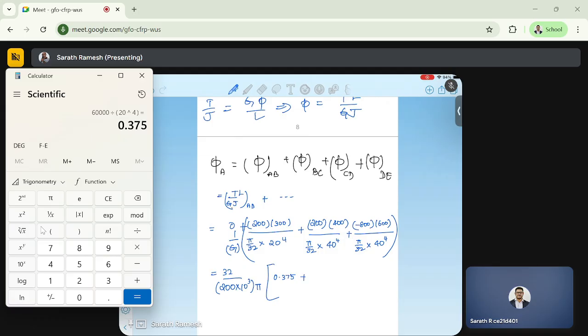Plus 200 into 400 divided by 40 power 4.